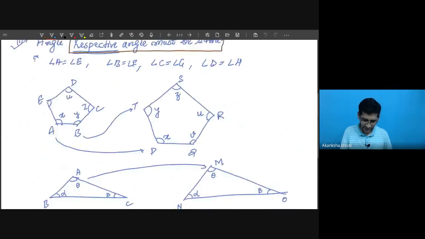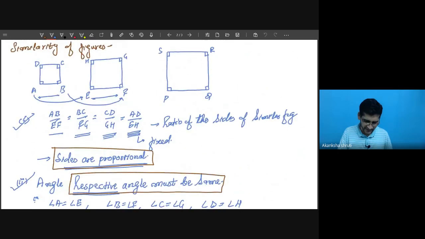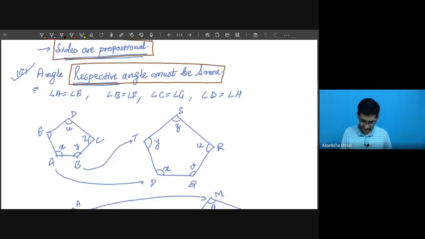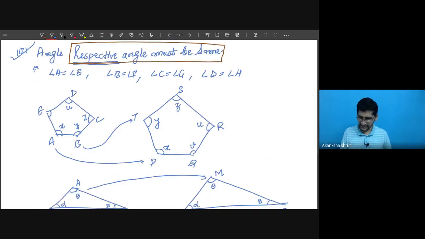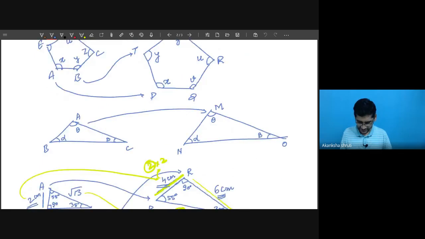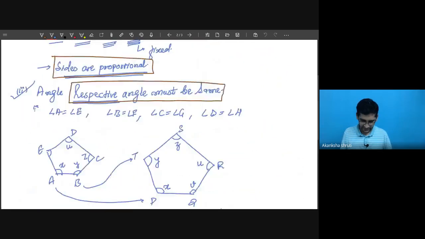What we are observing in this case: different squares, their areas are different, they are similar. Even these pentagons, their areas are different, angles are same. The side ratio also increases by the same factor. The same is taken for this triangle also.